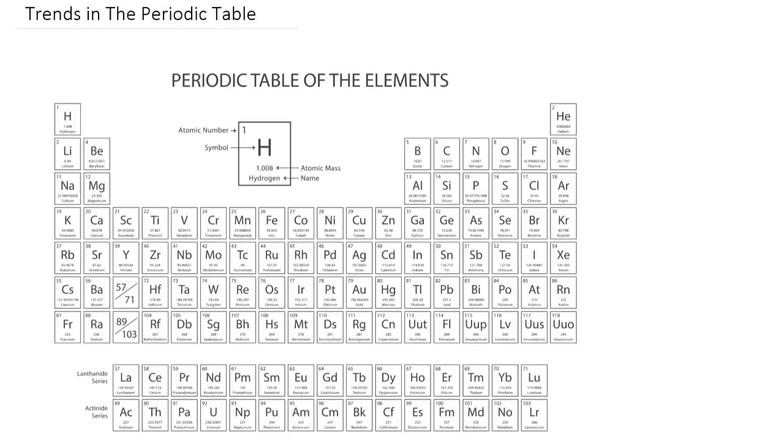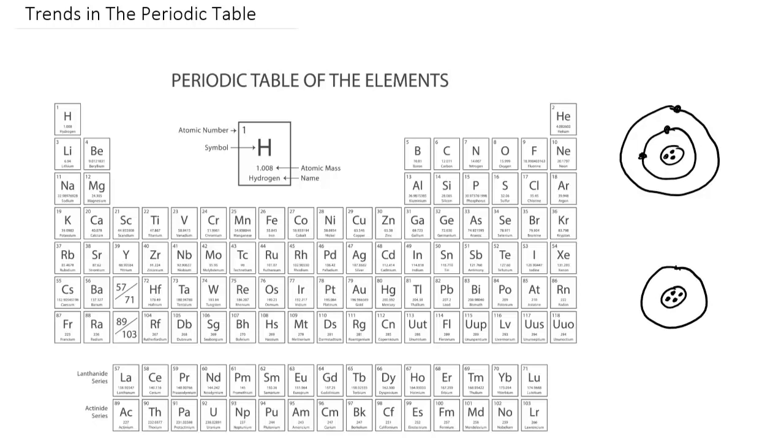Now they have different names because you can have an atom, say, with 3 protons inside of it, and therefore it has 3 electrons around it. I'll just draw that. Or you can have an atom, say, with 1, 2, 3, 4 protons in it, and therefore it has 1, 2, 3, 4 electrons in it.